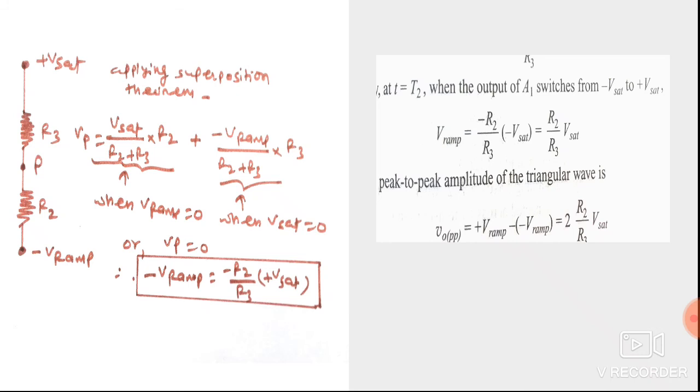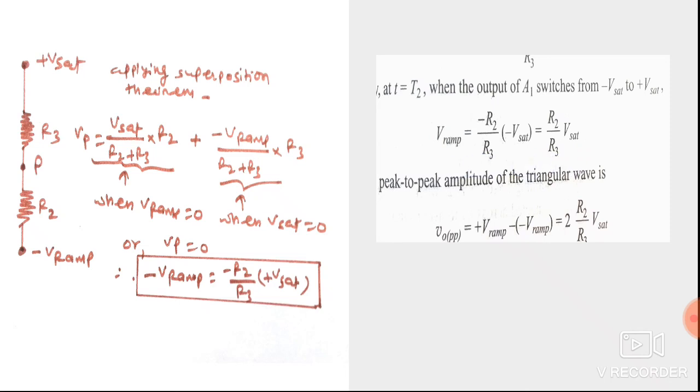Similarly, we can write V ramp is equal to minus R2 upon R3, the same term, the same value, into minus Vsat instead of plus Vsat. So this is giving this value.